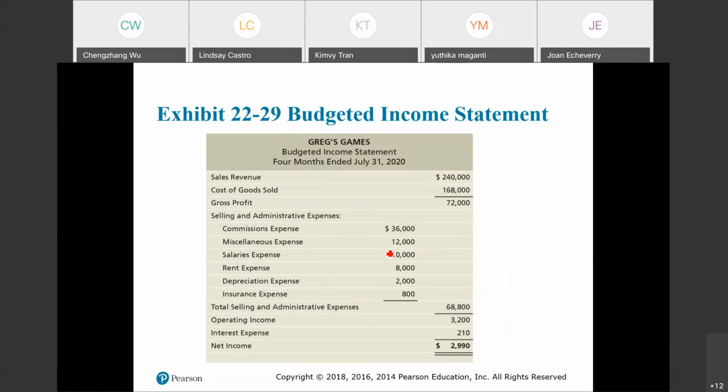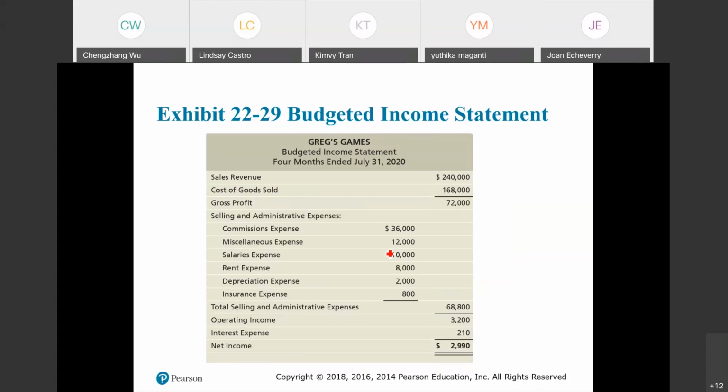Okay, this is cash receipts and cash payments as well as short-term financing budget for this company. Next part is the budgeted income statement.